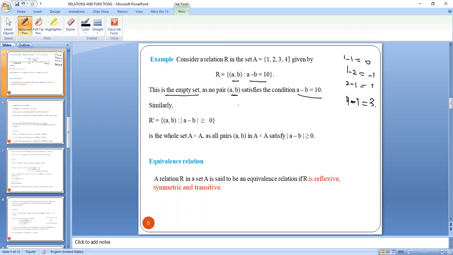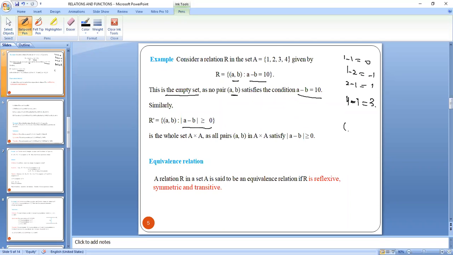Again we are given a relation R dash which is {(A, B) such that mod value A minus B is greater than or equal to 0}. Now take whatever value you take, it will be true for all the ordered pairs, right?